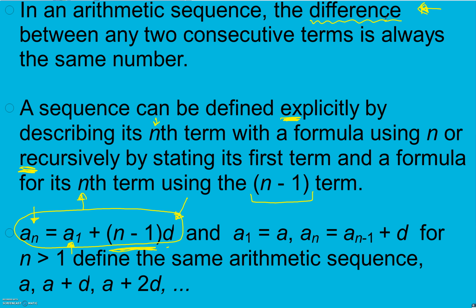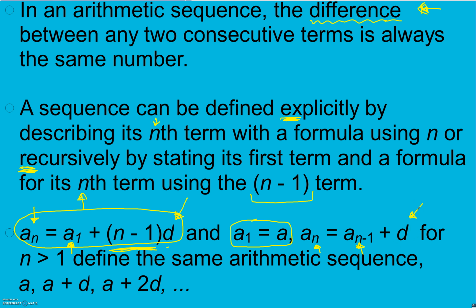The recursive formula, we have to repeatedly add on that common difference. So we have to say where we started, and then to find any value, we take the amount of the term before it, and then add on that common difference. So a couple things here.